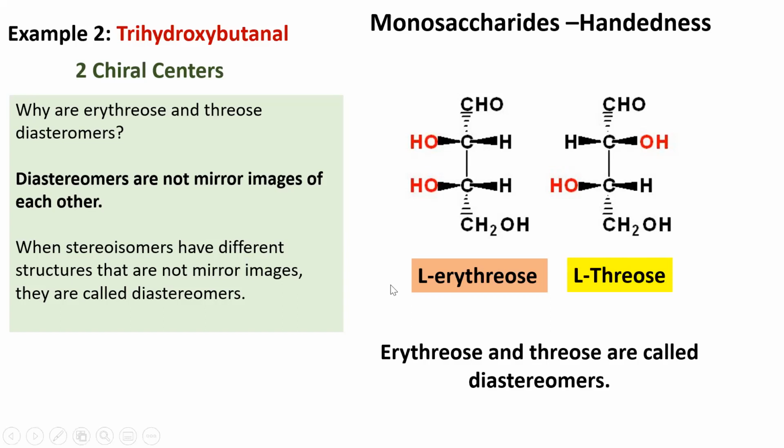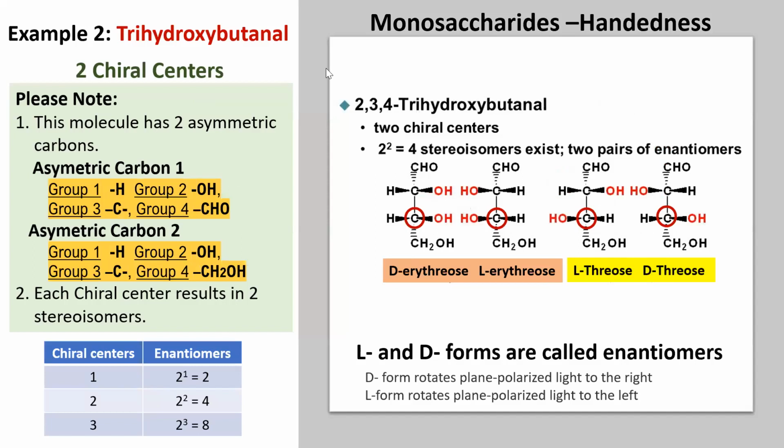Great question. Okay, I understand what your question is. Let's take a look at this one. I'm just going to say it briefly. For this carbon, what are the groups attached? One group is this, one group is this, one group is this, and the other group, that whole thing, the whole part with the C and a CHO and OH and H, that entire thing is attached to the C, making it asymmetric.